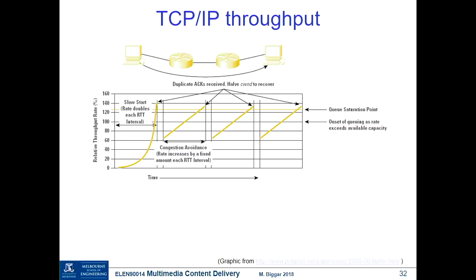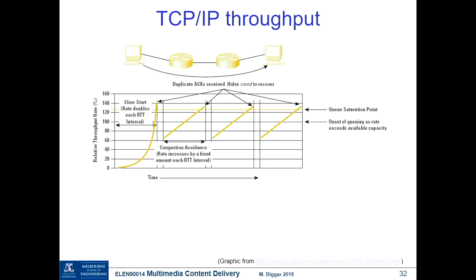And if a packet loss occurs, then we halve the congestion window size, and gradually increase it linearly this time.